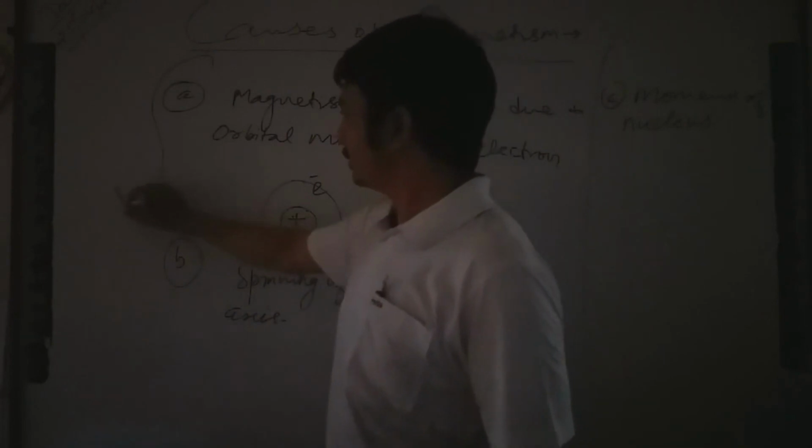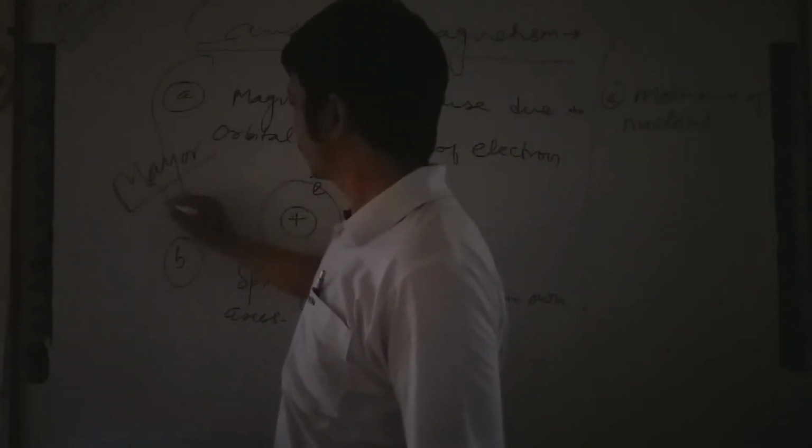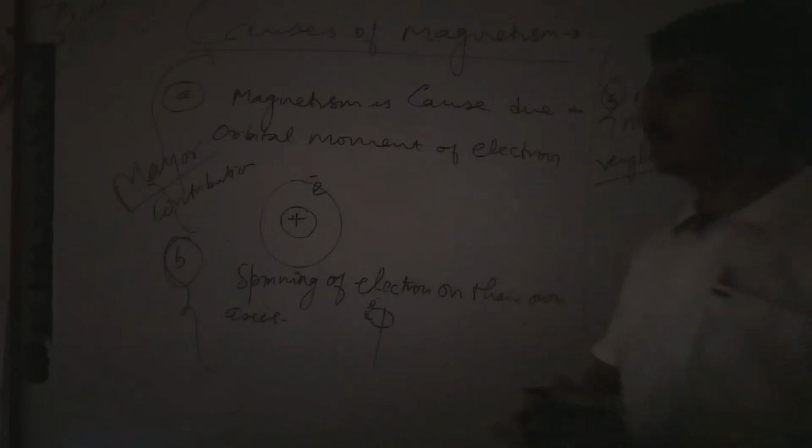This has the major contribution, and the impact of B and C is very less. These B and C contribute to the magnetism of matter in a very small amount.